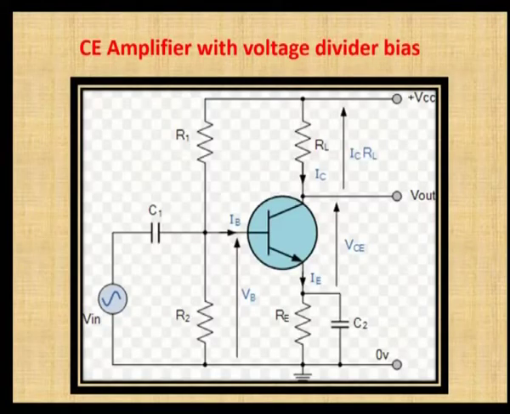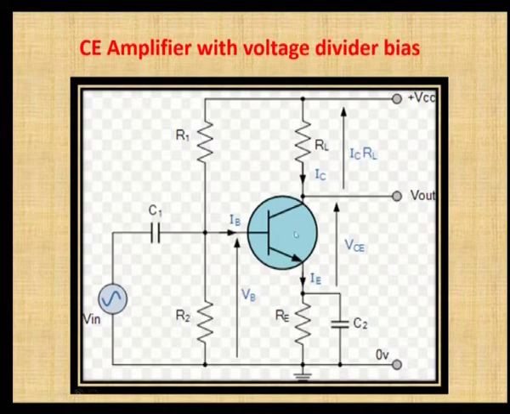And in these biasing techniques, there are a lot of methods. One important biasing technique is the voltage divider bias, and other biases are also there, the self bias and collector bias. Now we are going to see only the voltage divider bias circuit.